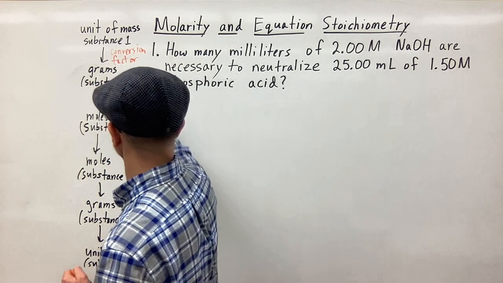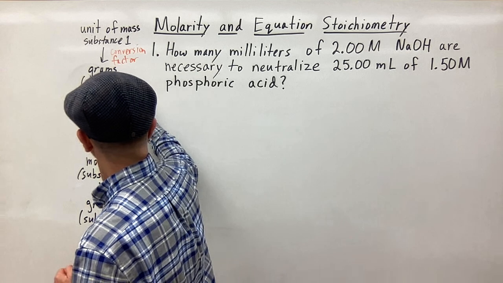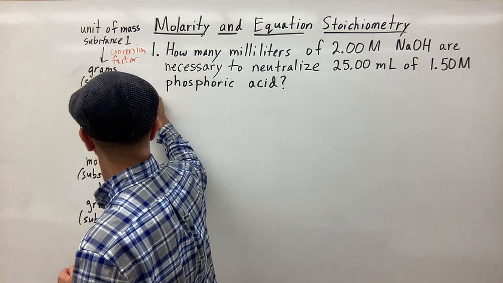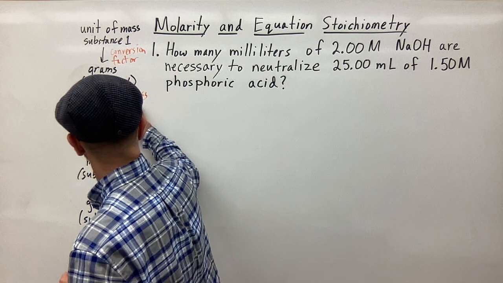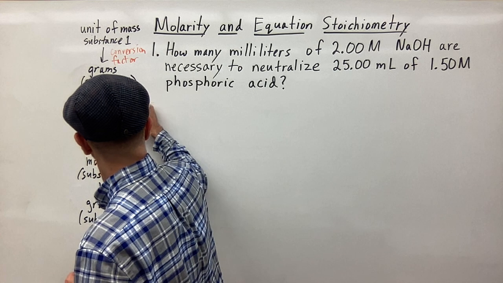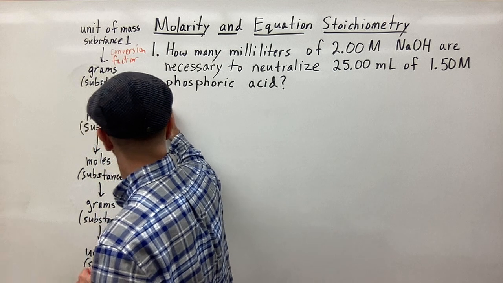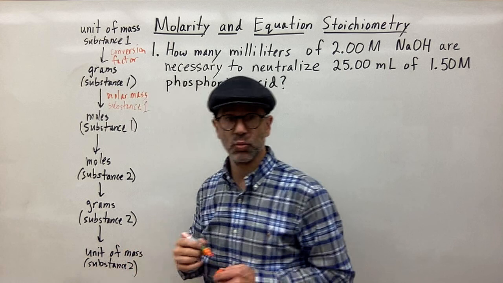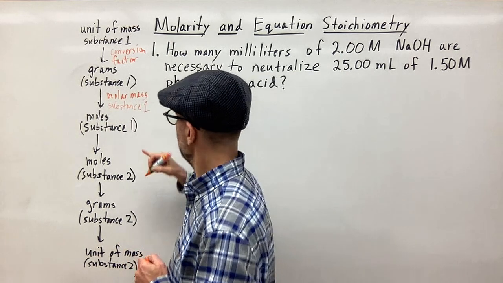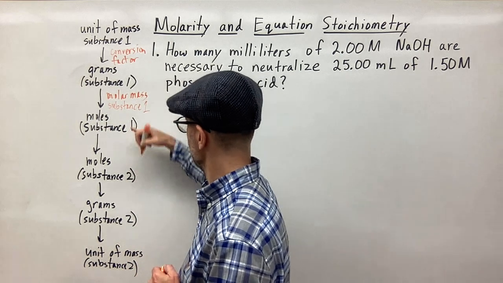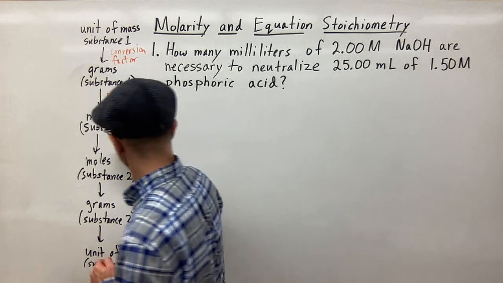Then to go from grams to moles, you use the molar mass of substance 1. From moles to moles, you use the mole ratio.